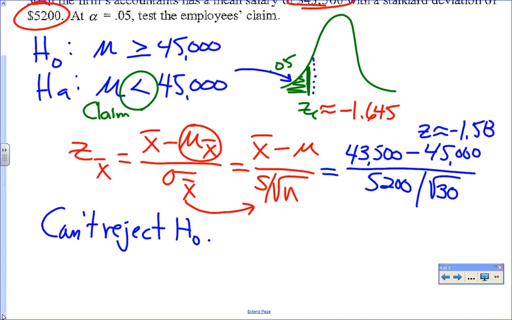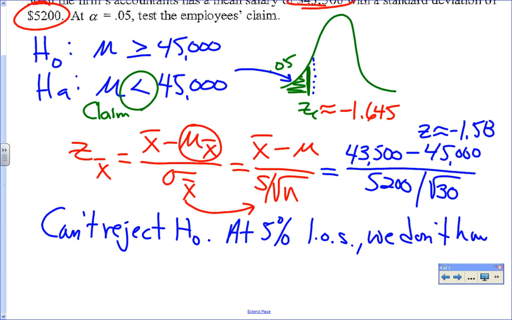Which means I would say at 5% level of significance. If you're on like the AP, you might not want to abbreviate that. Okay. 5% level of significance, we don't have enough evidence to do what?